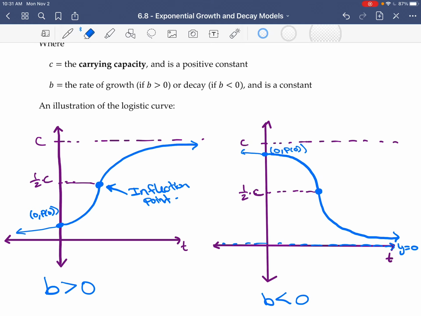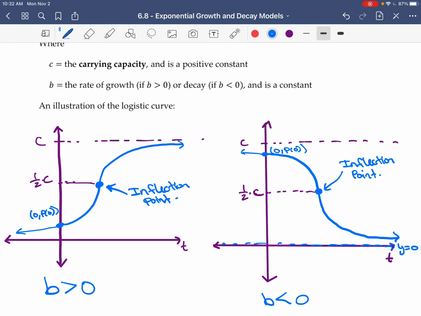Actually, I should have drawn this one a bit differently. It's a little bit steeper at the beginning than what I drew. Again, this point here is called the inflection point because the graph changes significantly there. We call it concavity. It changes concavity. That's what they look like.